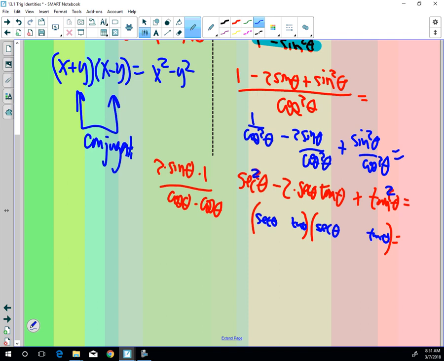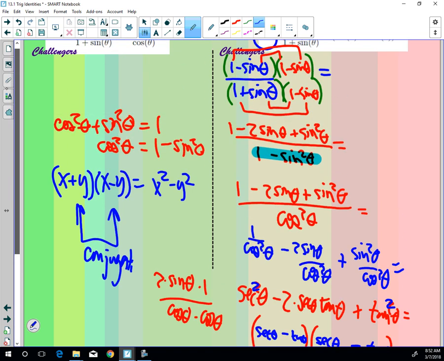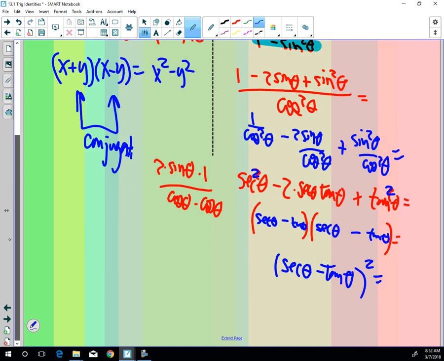And what if we put a minus in both of those? Will that middle term work? Oh, cool. So this is the same as secant theta minus tangent theta to the what power? Squared. And that's what we wanted.